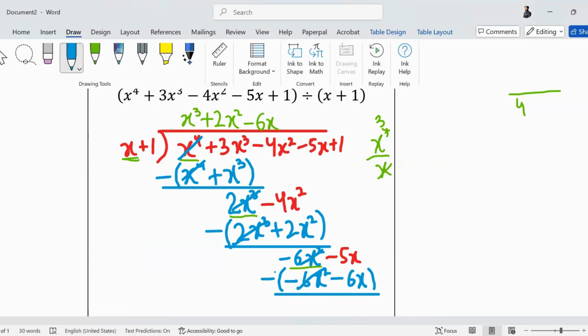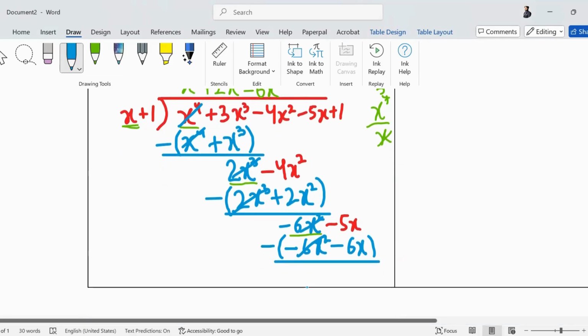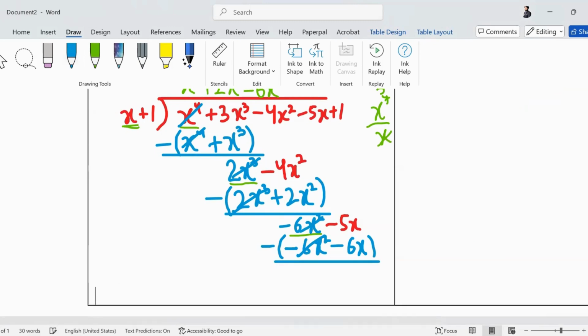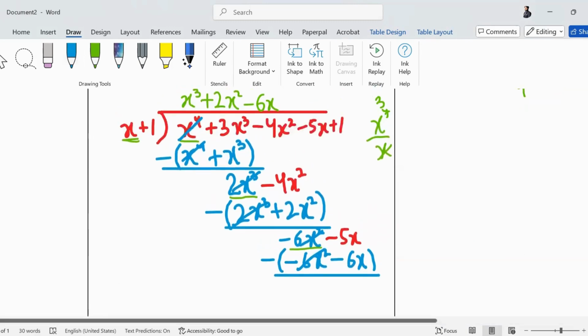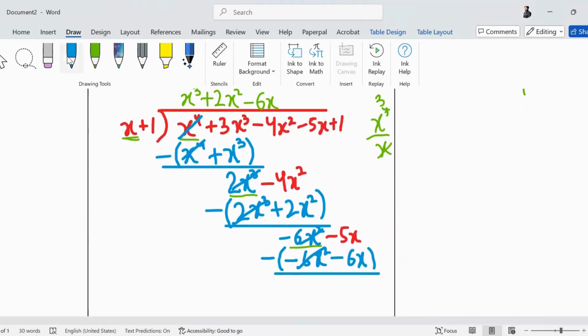Remember, this is minus 5x and this will become plus 6x. So what will you end up with? Plus x and plus 1. So now I only need to multiply it by plus 1. And this will become x plus 1.